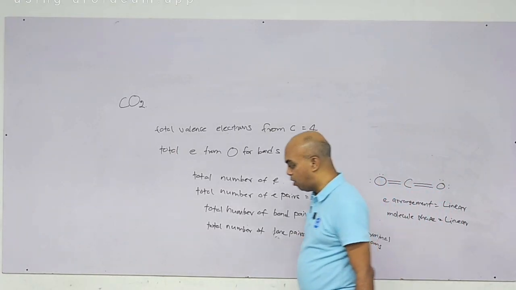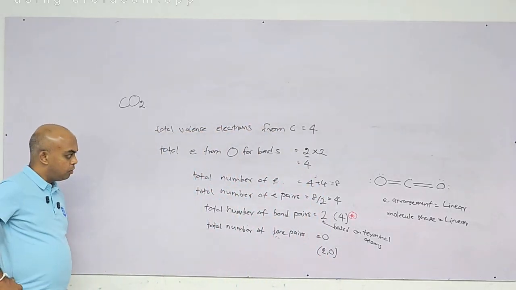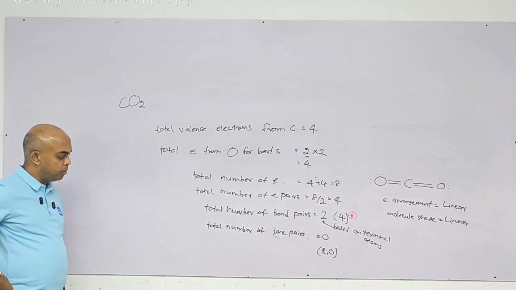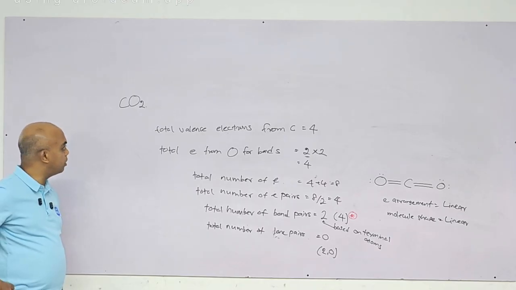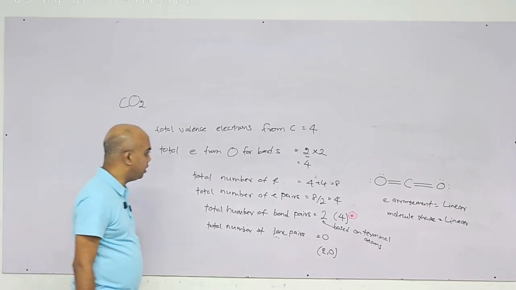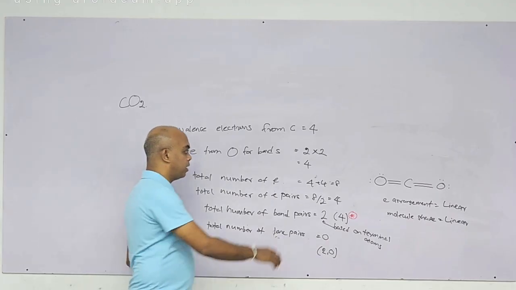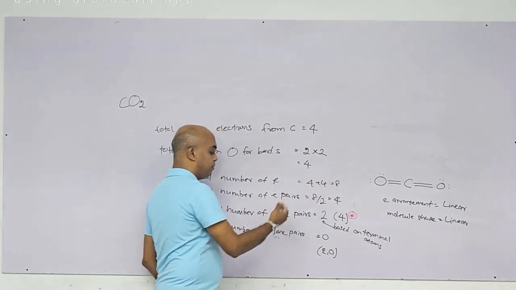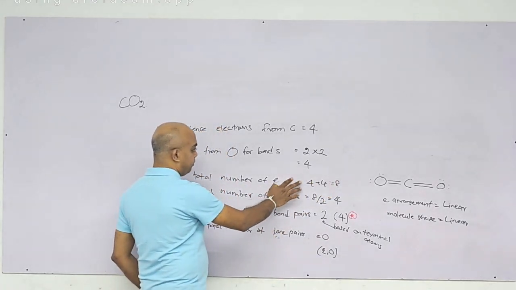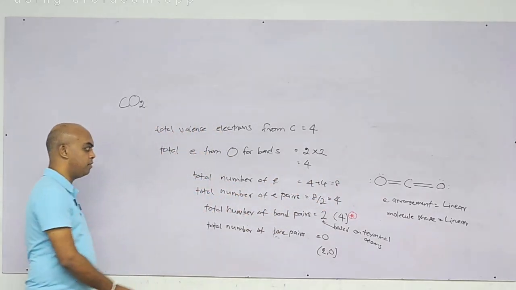When oxygen is involved in the molecule, it is contributing 2 electrons for the bond creation.